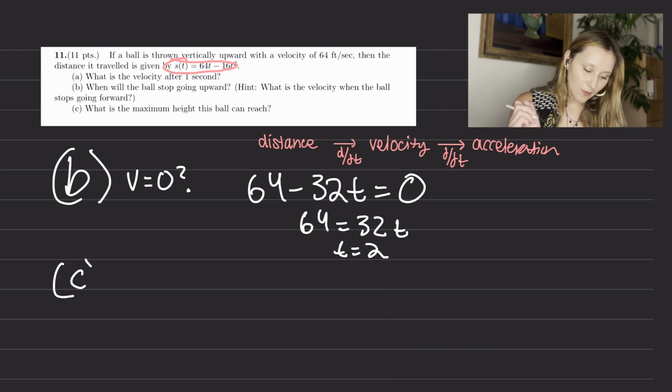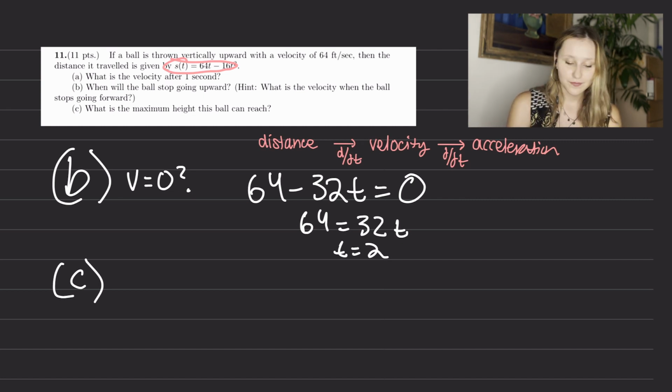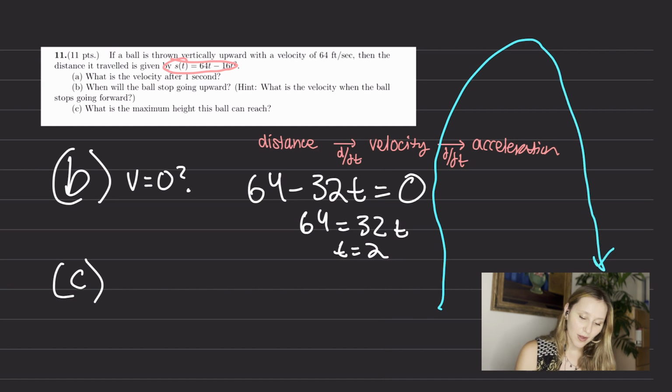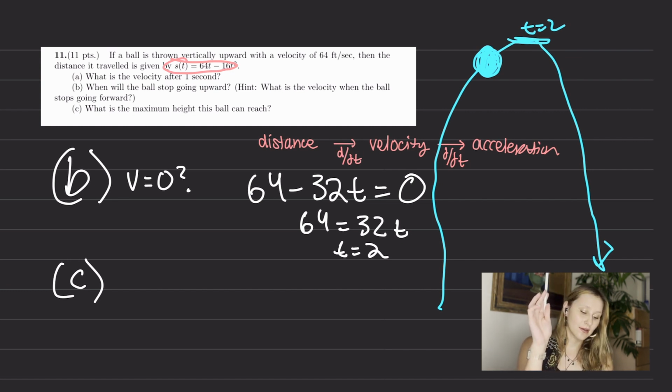And what is the maximum height this ball can reach? We know, literally through the laws of the universe, we're throwing a ball. True. Once it hits that point, we know that point is t equals 2. It's the maximum height. Once it stops moving, it'll stop for a second.